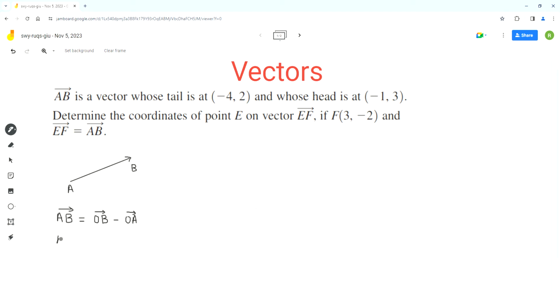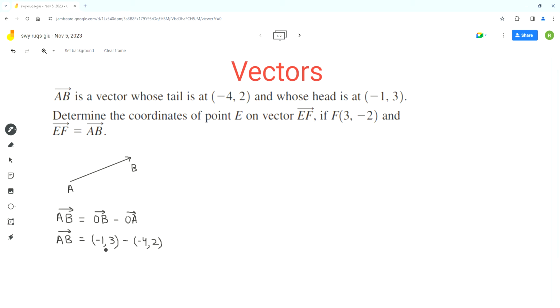So AB vector can be written as vector OB, which is the head, so (-1, 3), minus OA, which is the tail of the vector and whose point is (-4, 2).